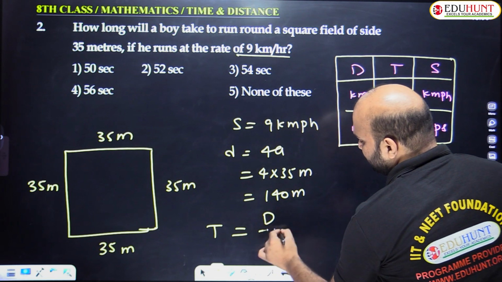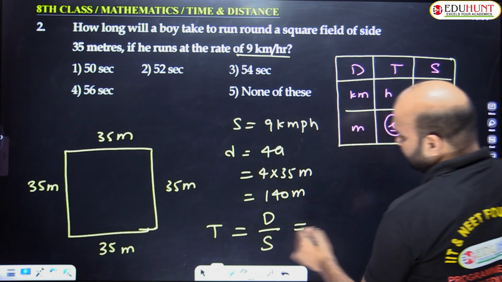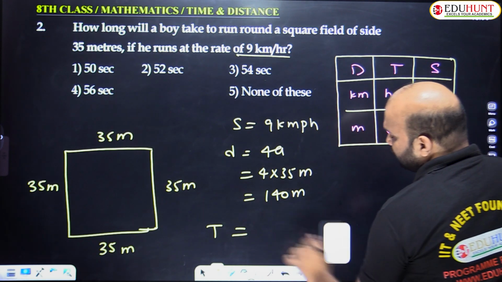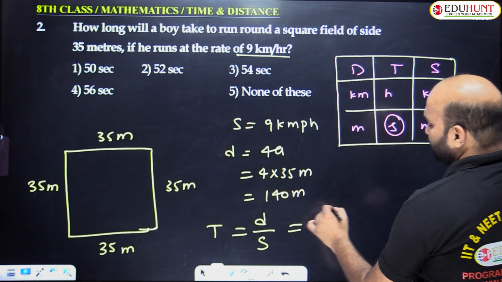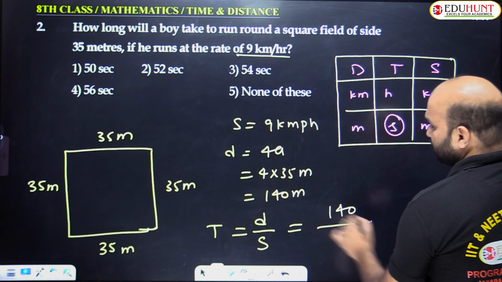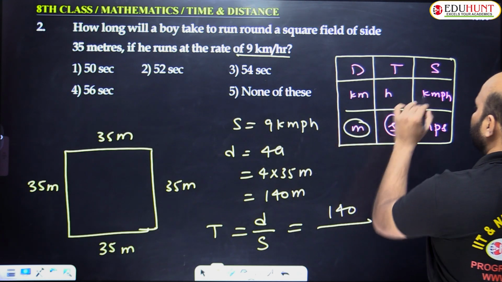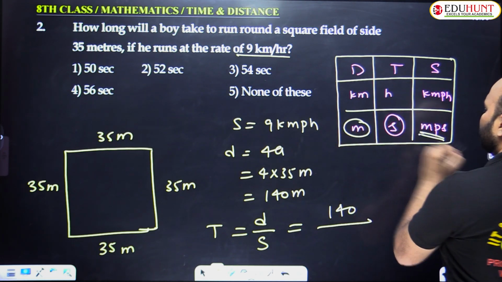Time equals distance by speed. Am I clear? The distance already obtained is 140 meters, given in meters, so the speed must be converted into meters per second.